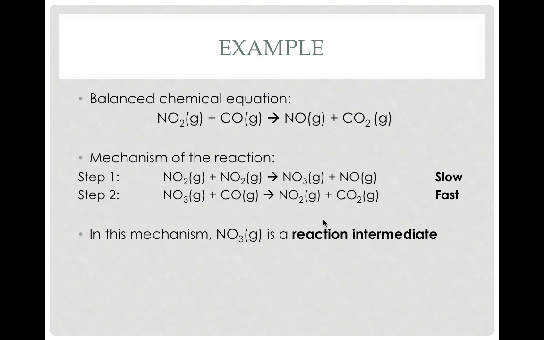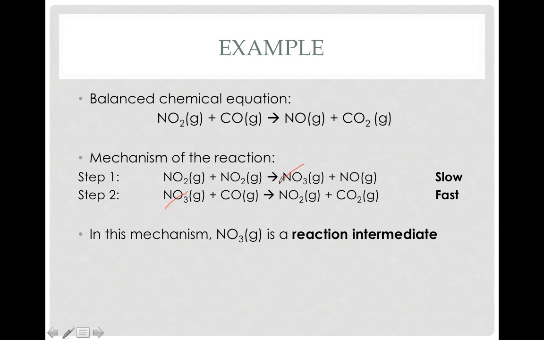So if we analyze this reaction a little bit further, and we're going through trying to add the steps together like we did with Hess's law, we're going to notice that the NO3 is present on both the reactant and product side and will actually be canceled out and not included in the overall balanced equation.